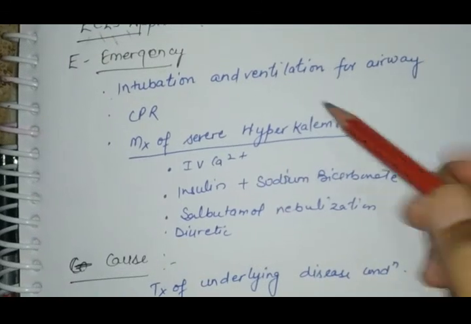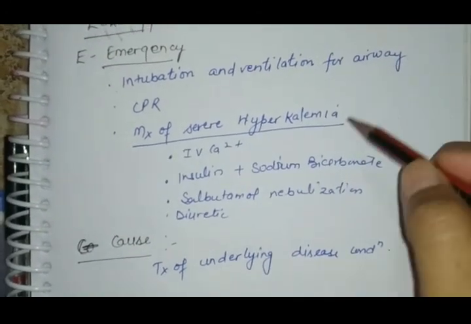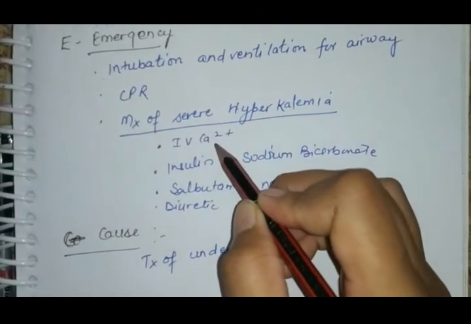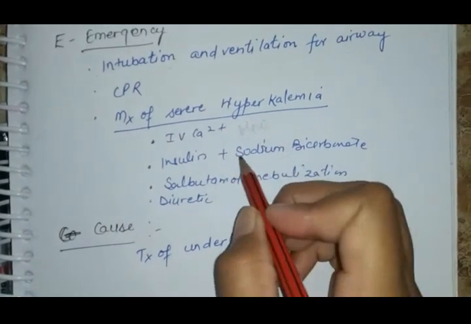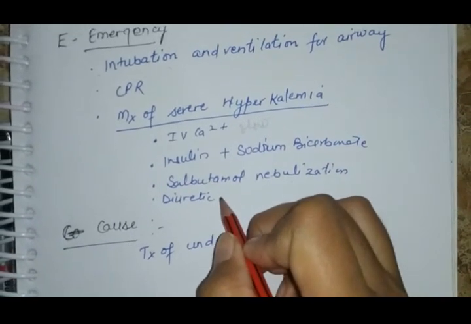And management of hyperkalemia. Hyperkalemia is increased potassium level. The management is IV calcium gluconate, slow insulin plus sodium bicarbonate, salbutamol nebulization and diuretic therapy.